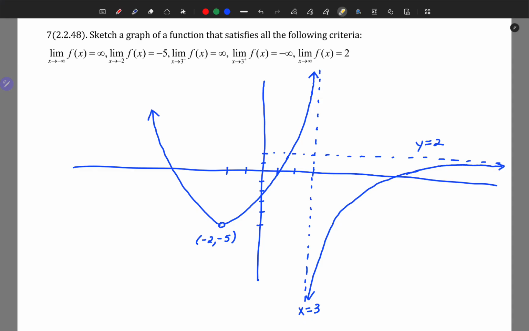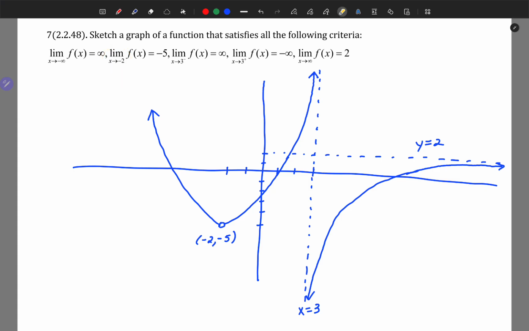But however you do it, you have to show as x moves to the left, the y value is moving upwards. The second component, the limit as x approaches negative 2 is negative 5. So that tells me, since it's an overall limit, that means as I approach negative 2 from the left or the right, the y value better go to negative 5.